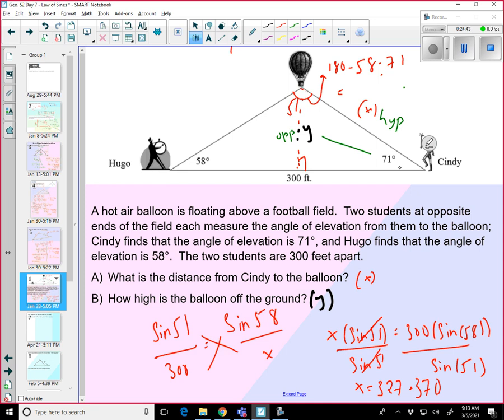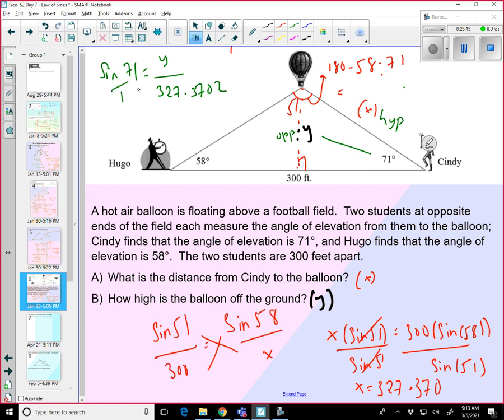So I can say that sine of 71 degrees equals y over x. I don't have the value of y, but I have the value of x. x is 327.370, or we don't have to round here, you can keep 327.3702 if you don't round.